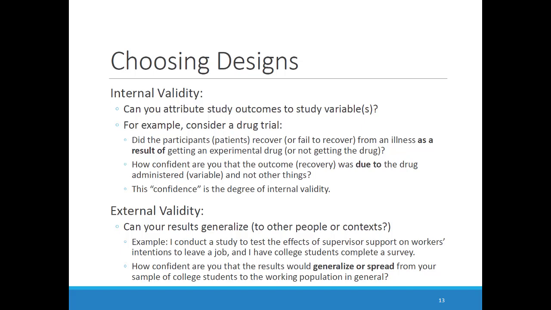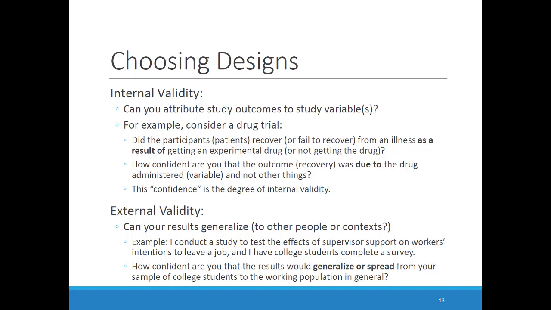So in this case, we want to know, did the drug actually work? Did it actually work in terms of having the patient recover from the illness? And we want to know that, the bolding of "as a result" is really important here.